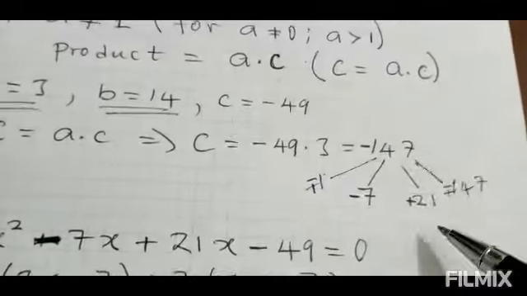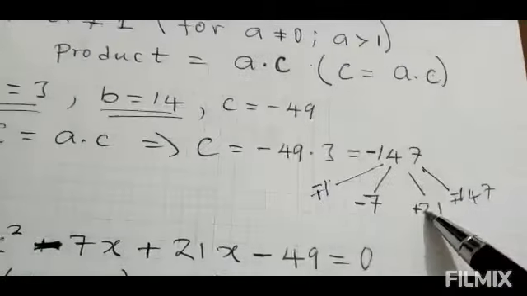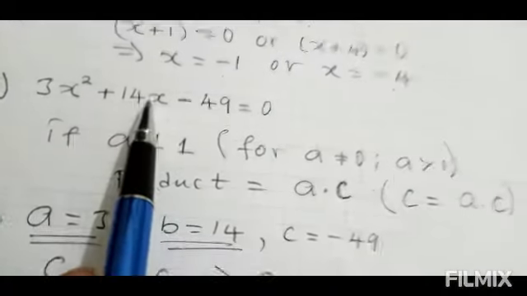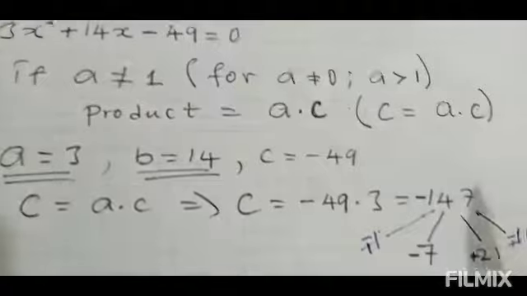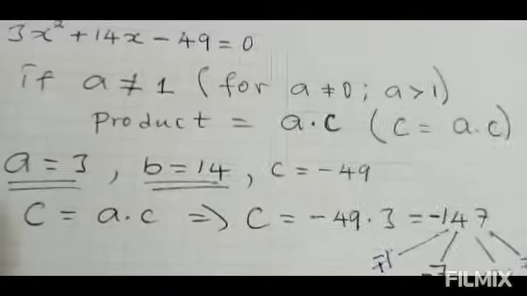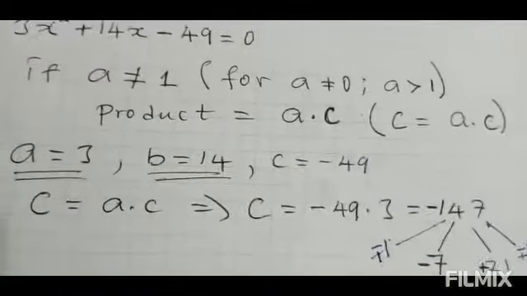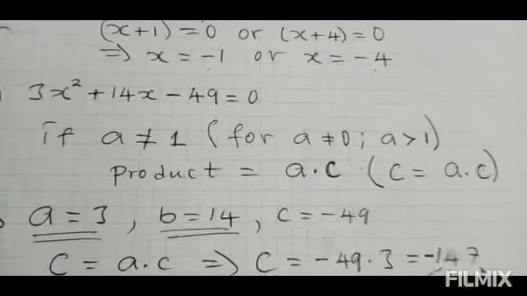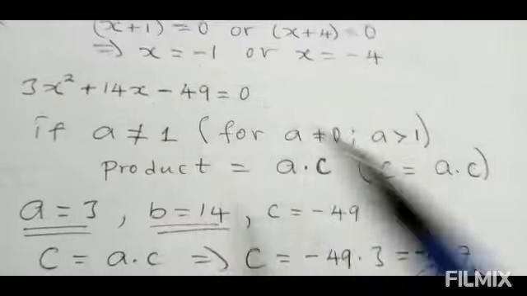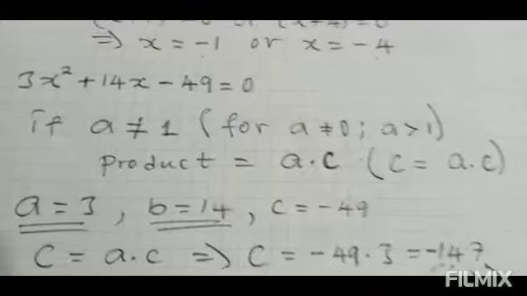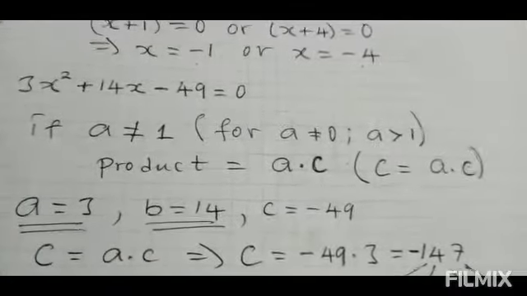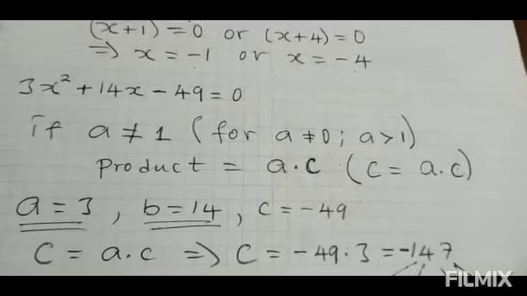Our challenge is to find those two factors that add together to give plus 14x and multiply together to give minus 147. Those factors are: 21 minus 7 gives 14, so minus 7 and plus 21. When you multiply minus 7 and plus 21, you get minus 147.